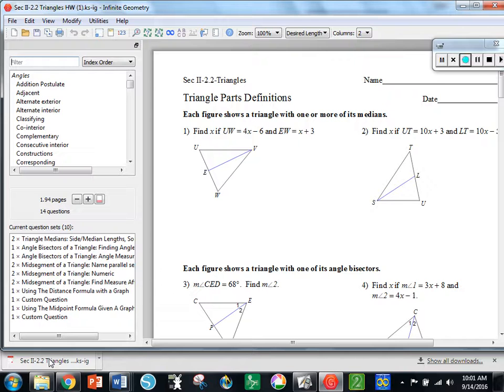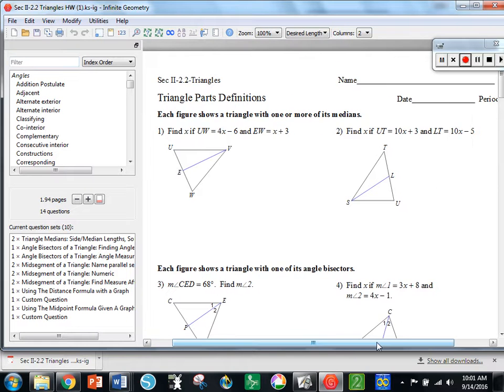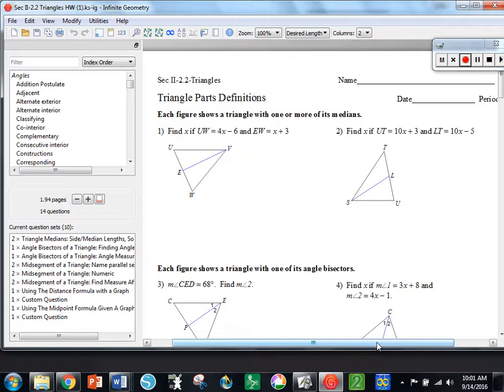The first one's a little bit tricky because I think the 10x on both of them are a little off. So let's look at these two right here. Looking at number 1, find x if UW, is that a half or a whole? It's a whole. And EW is the what? Half. So what do I do to the EW? I have to double it. 2 times what?